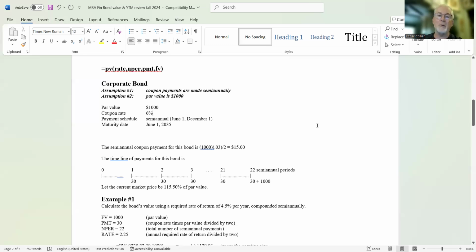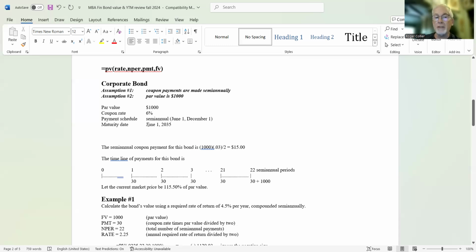Okay. And now the last question is, how many payments are there? How many periods remain? And that can be a little tricky. In this example, notice that we've got June and December payments. So we have to be careful.